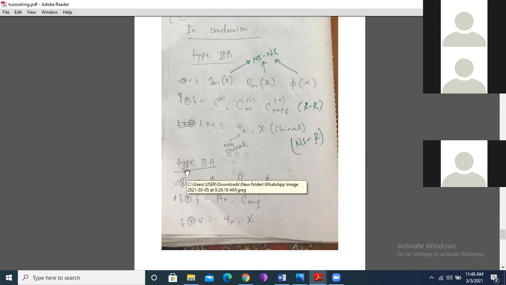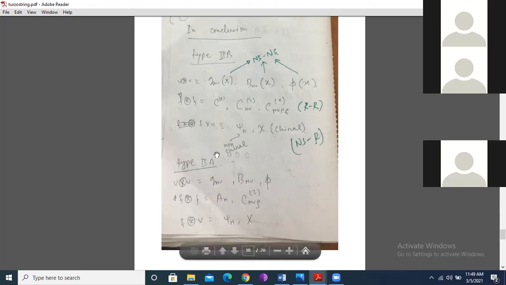And if you try to construct just a supersymmetric Lagrangian in 10 dimensions with N equals 2 supersymmetry, you can see that you can only construct these two, nothing else.